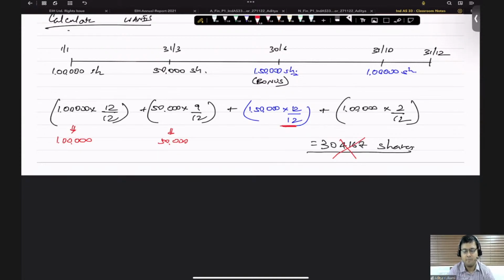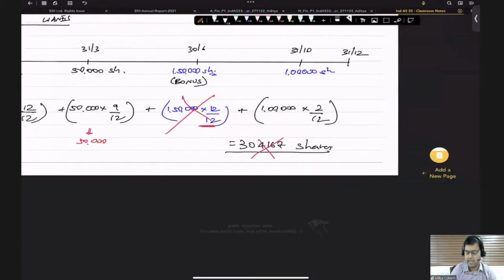And therefore, the bonus shares on that 50,000 will also have to be considered only with effect from 31st March, because the corresponding shares have come into existence only on 31st March. That is why this calculation, saying that we have considered it for the entire period because they were already in the capital structure, does not hold good. So what do I have to do in that case?